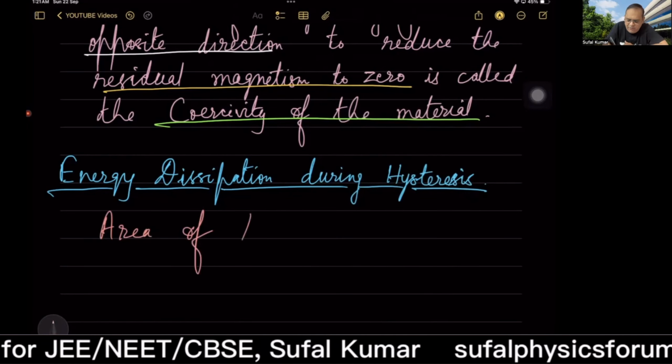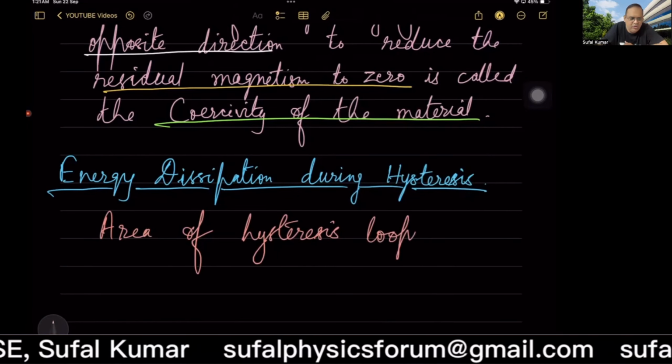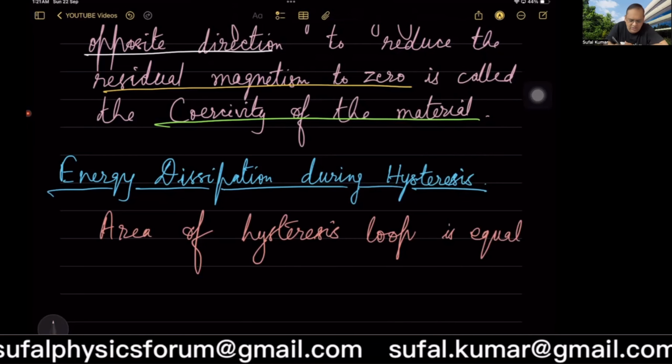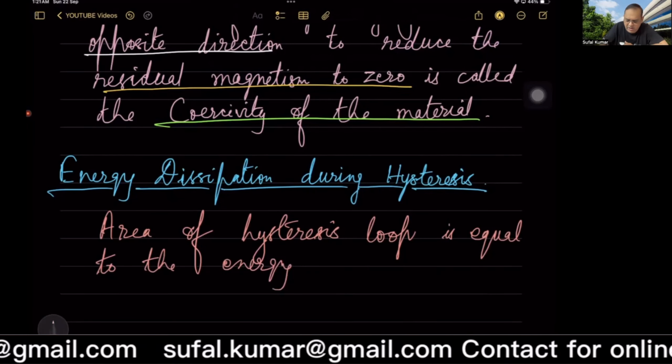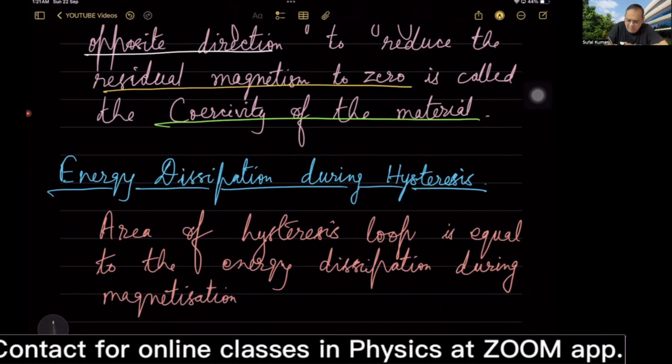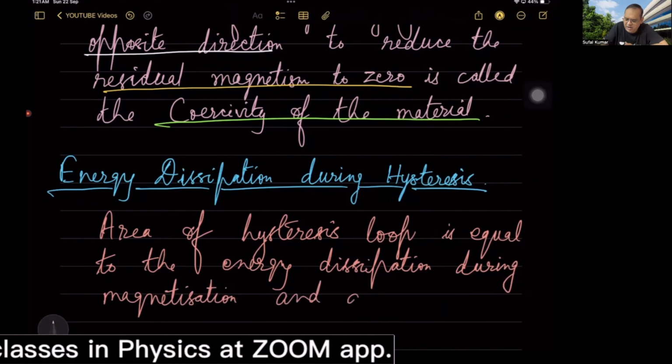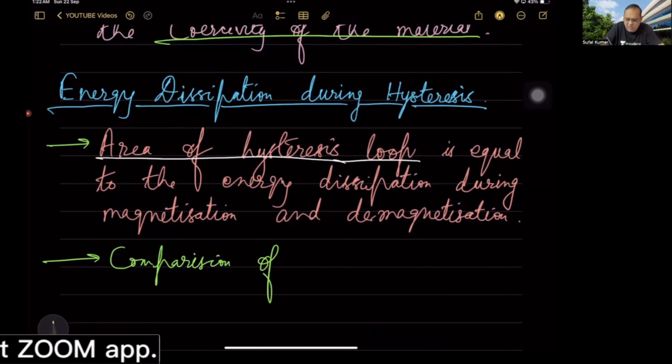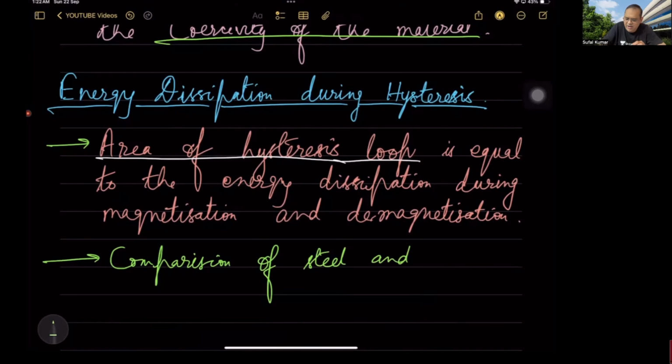Area of the hysteresis loop is equal to the energy dissipation during magnetization, and comparison of steel and iron. Iron means soft iron we have to think of.